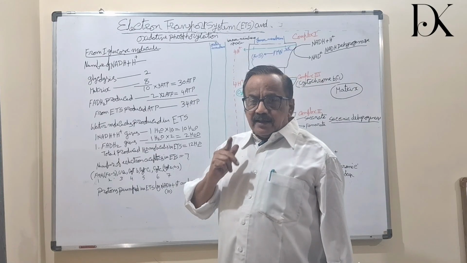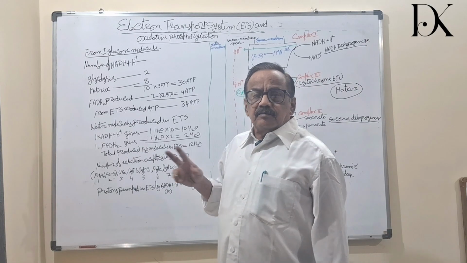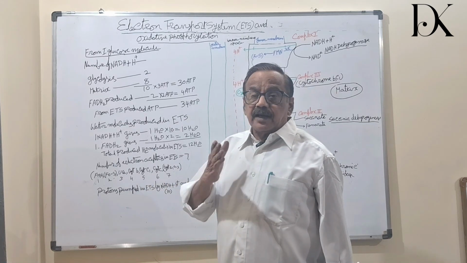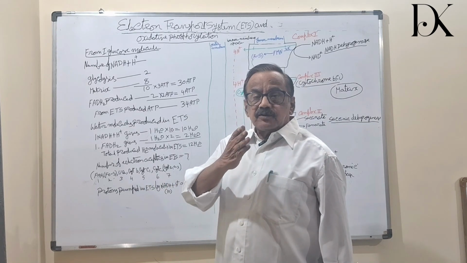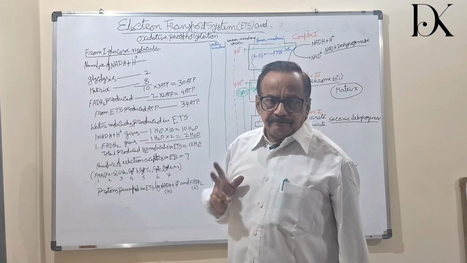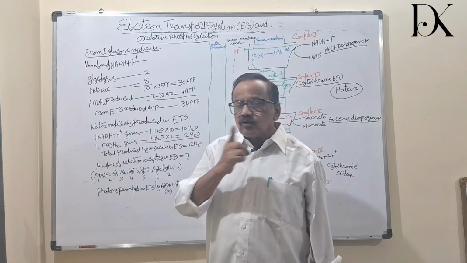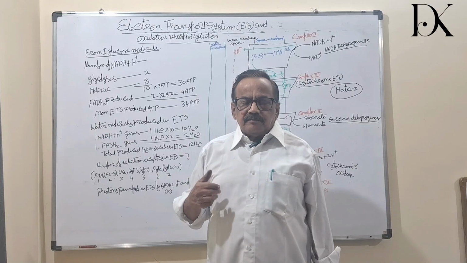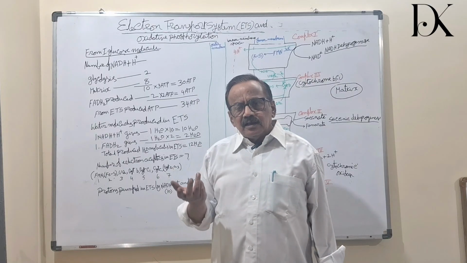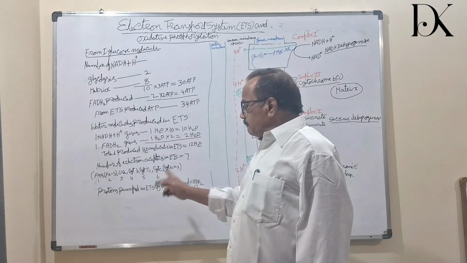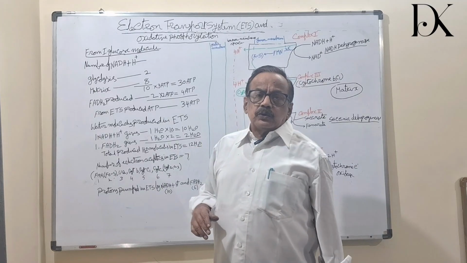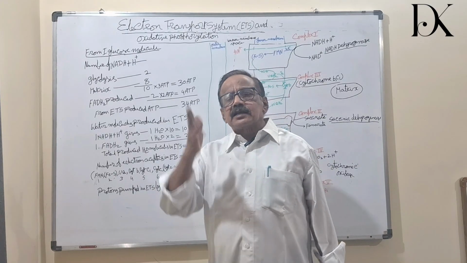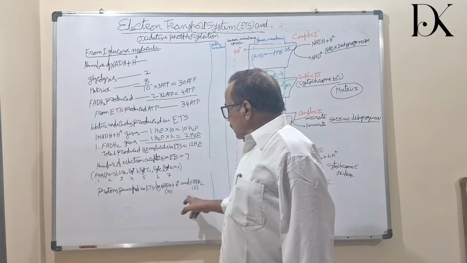So 10 by 4 is 2.5. We are taking it as 3. Similarly, 6 will be pumped by FADH2. 6 by 4, 1.5, is considered as 2. So that is the thing.